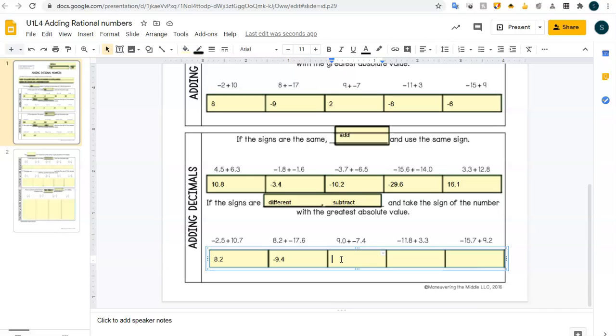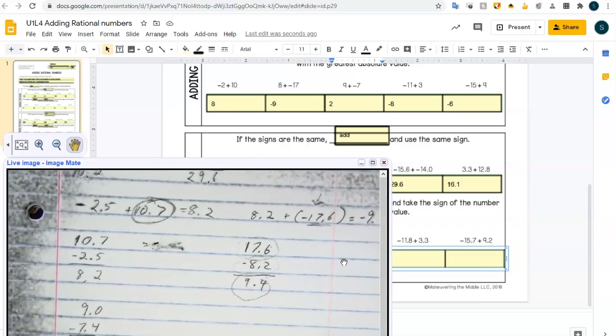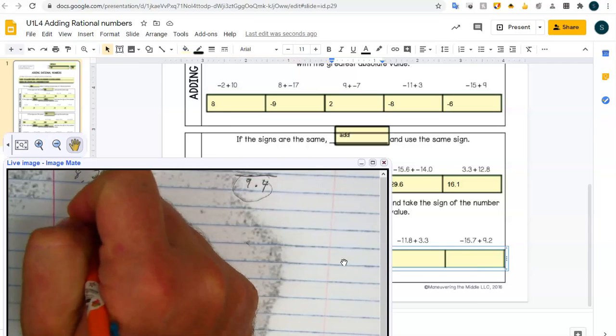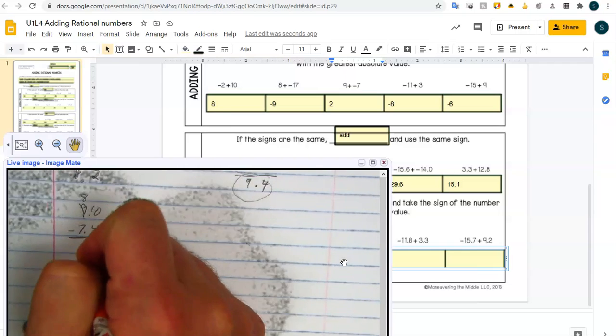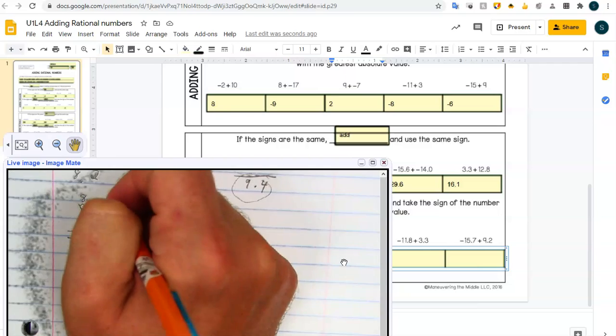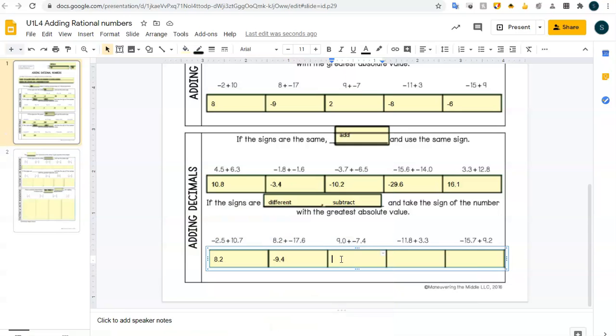So if we set up our subtraction, we've got 9.0 minus 7.4. So we have to regroup. So we get 1.6, and our answer should be positive because the 9 was the positive term.